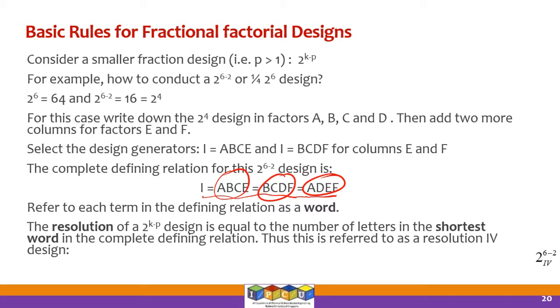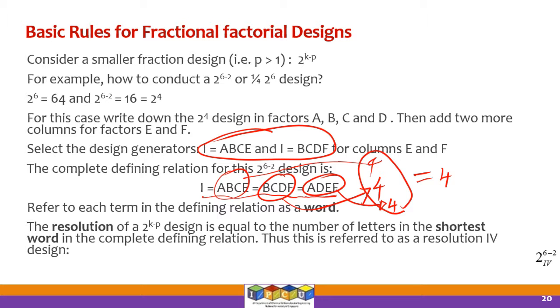So here, if you take the three words, ABCE has a length of 4, BCDF has a length of 4, ADEF has a length of 4. So the minimum of these three is 4, right?